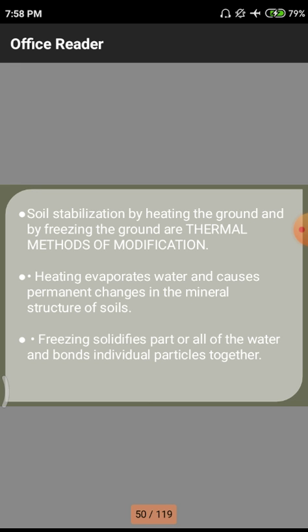All those are examples. These are the preheating methods and soil stabilization, and also freezing and thawing methods. Freezing means we use some sort of liquid solidifiers to solidify whatever water lies above the soil, so that it will be easy to remove.